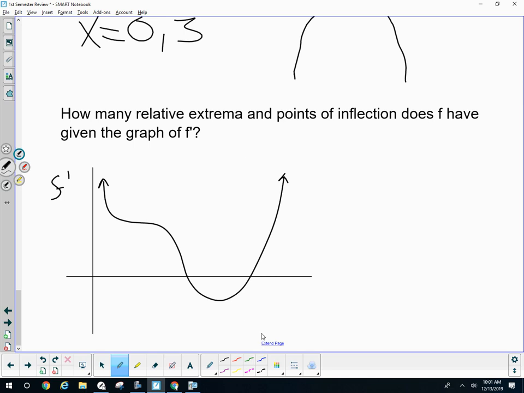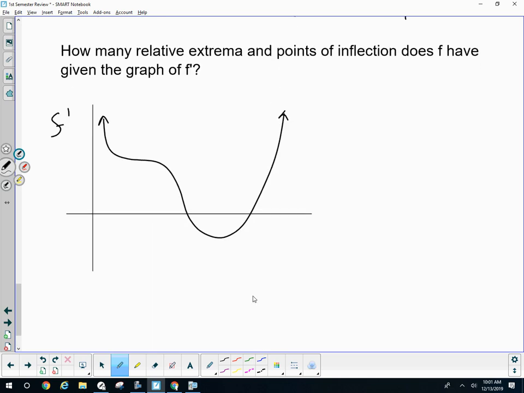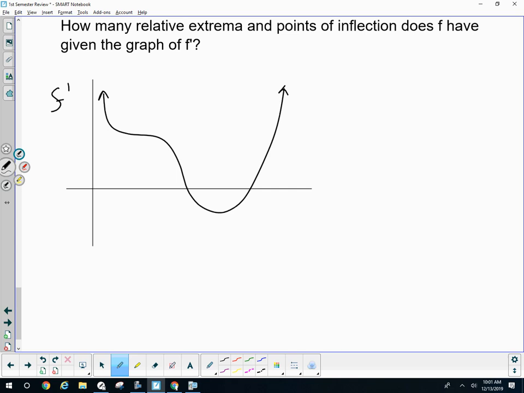Same thing with this. How many relative extreme points of inflection does f have given the graph? A lot of people were like, okay, well, 2 points of inflection. That's when f double prime equals 0. And then 2 sign changes of f prime, so 2 maxes and mins.